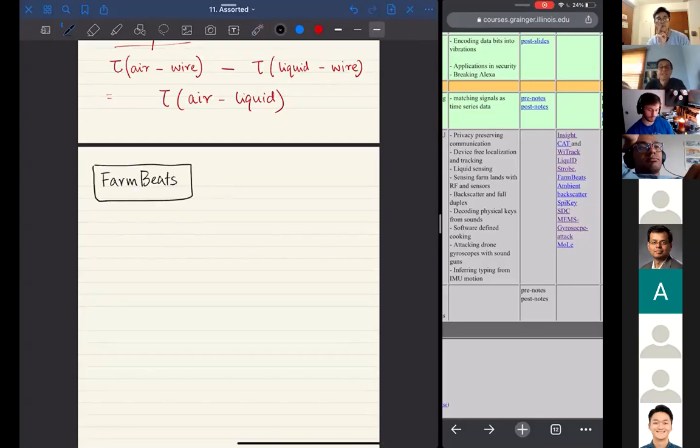They want to precisely know what a farmland, they want to sense and measure farmlands and accordingly maybe give fertilizers, give water, etc. And one of the projects they've done is where they've put a bunch of antennas underneath the soil. And their goal is to measure.